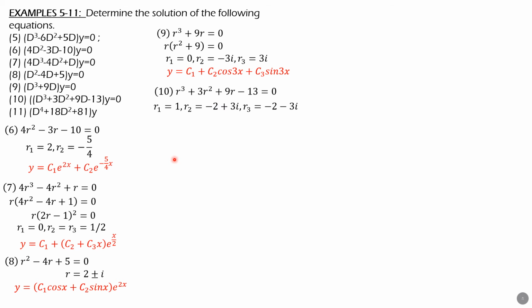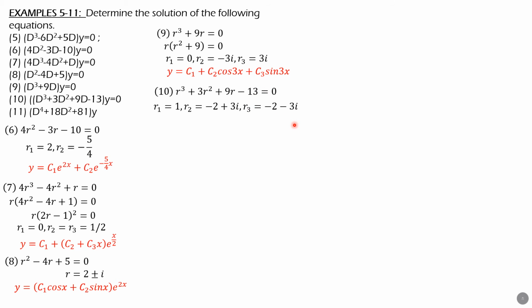So the type of solution will be y equals c sub 1 e to the 1x, or e to the x. Then plus, for the complex conjugate roots, quantity c sub 2 cosine 3x.